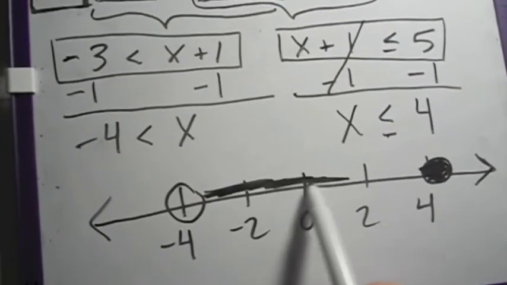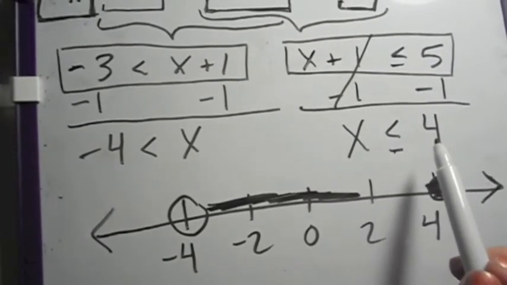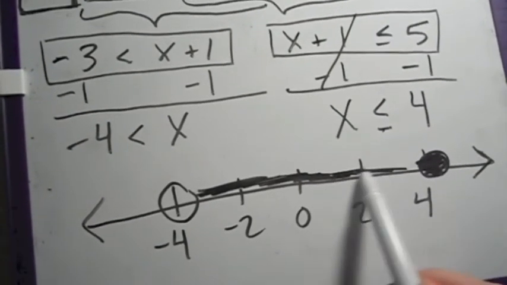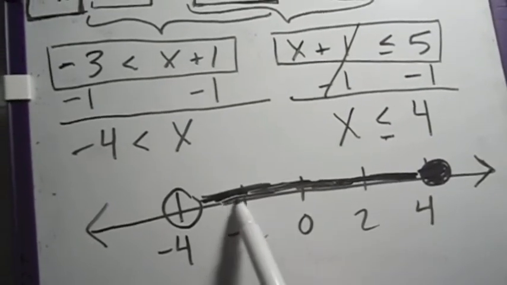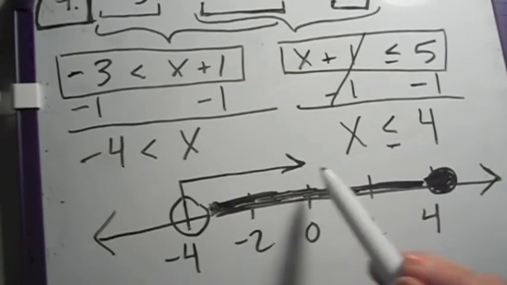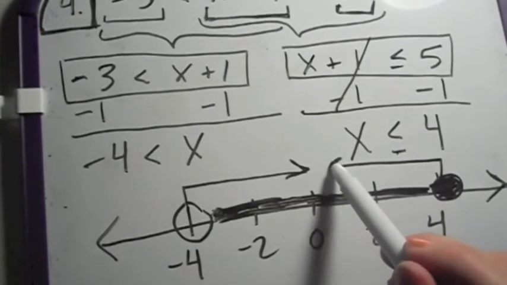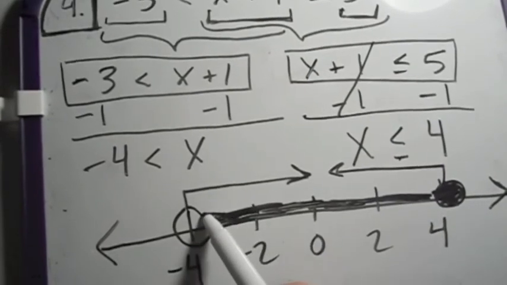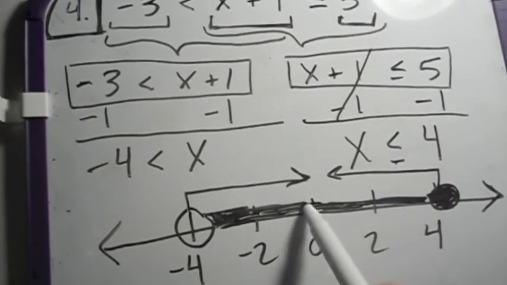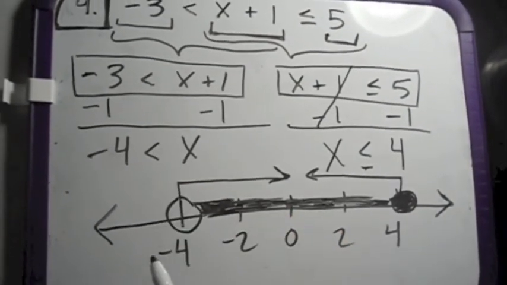But I know that I also have to have points that are less than or equal to positive 4, so I stop shading at 4. This inequality goes off that way. x is less than or equal to 4 goes off that way. And this is where they overlap. This is how you solve number 4.